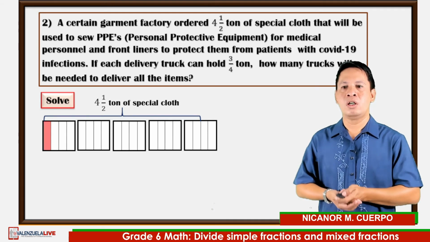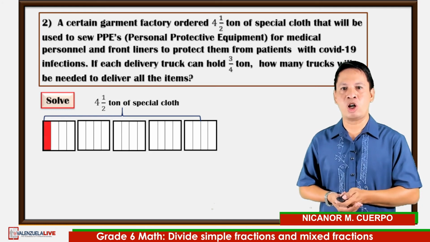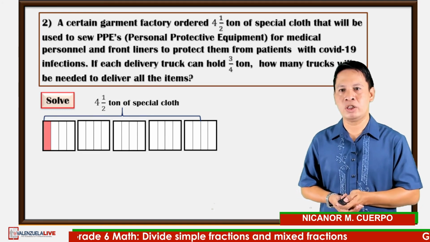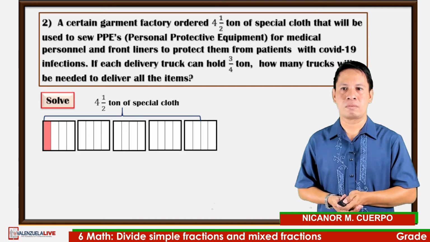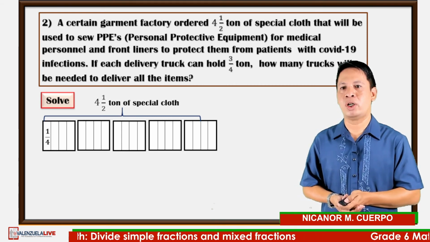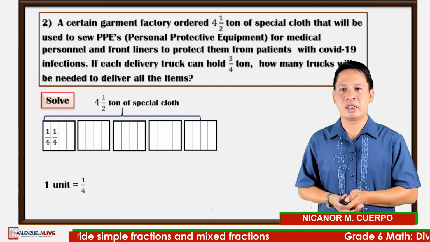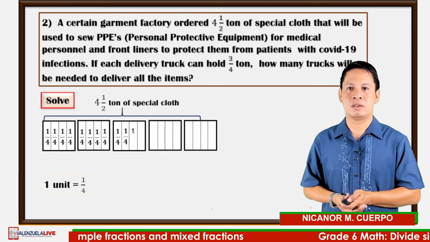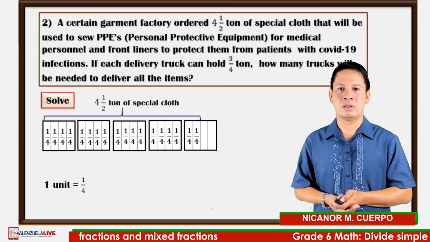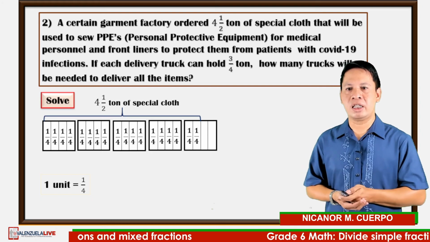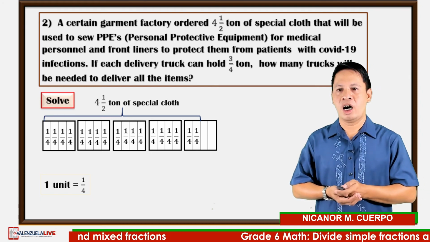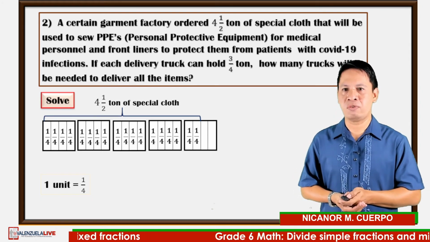Okay, so what fractional part of a whole is represented by 1 unit? Correct, it's 1/4. So 1 unit is equal to 1/4. Now, if 1 unit is equal to 1/4, how many units do we need to make 3/4?